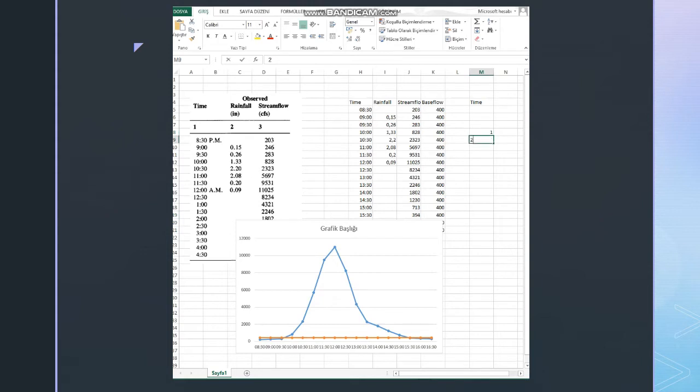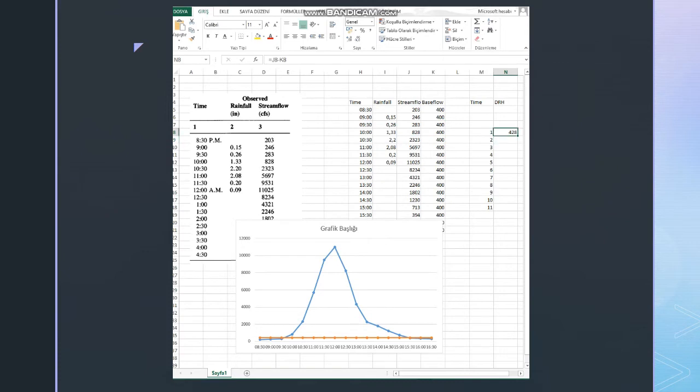So 1, 2, and then let's scroll down till here. So 11, half an hour of 11, right? 11 numbers of time duration. And let's calculate our direct runoff hydrograph from where it occurs: it is equal to stream flow minus base flow.